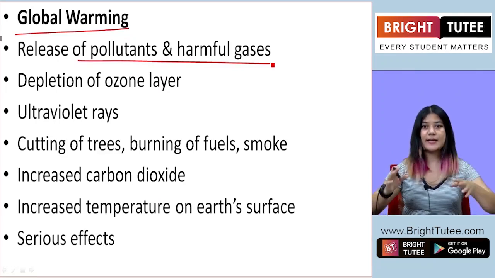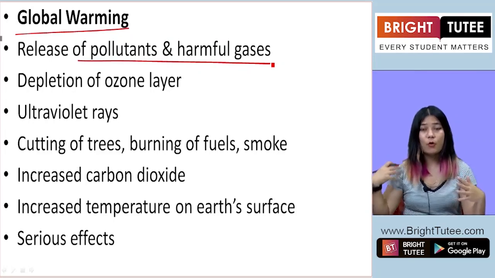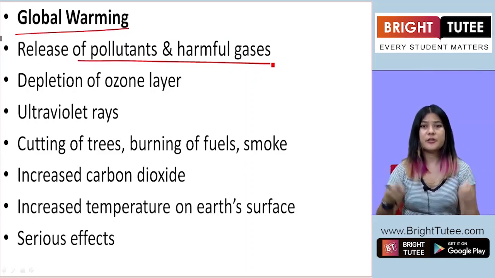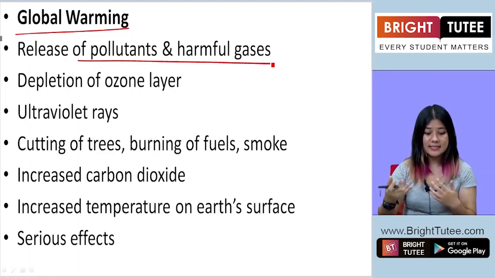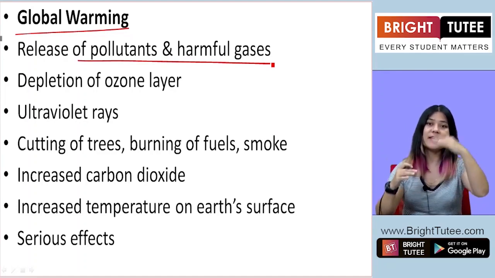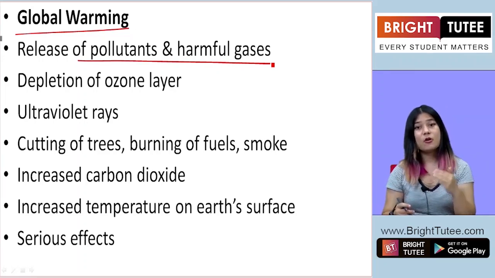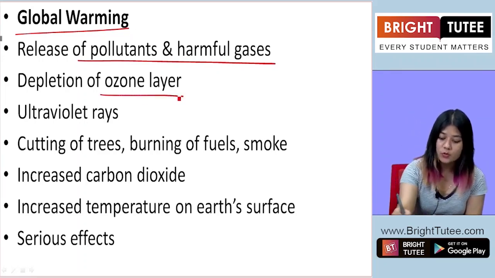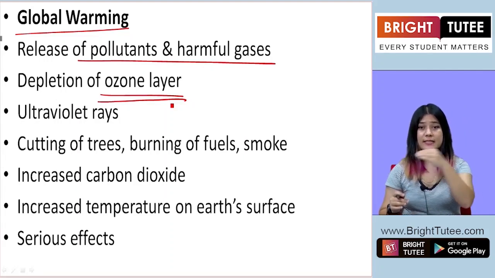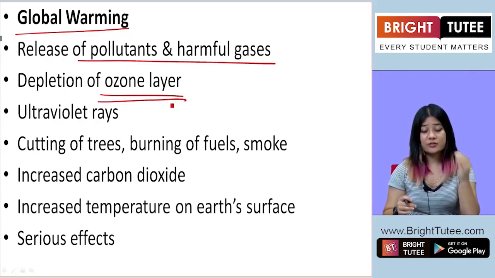But if more and larger amounts of pollutants, dirt, smoke and harmful gases are released in that atmosphere, then that causes depletion of the layers of the atmosphere. That causes depletion of the ozone layer, the important layer which is present in the stratosphere.